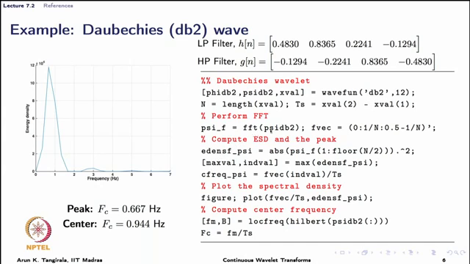The procedure is the same: compute the Fourier transform and locate the peak if you want to compute the peak frequency of the wavelet, or use LOC-FREQ from the time frequency toolbox to compute the center frequency. Again, you have to convert from discrete time frequency to the continuous time one. So, here the center frequency reported for you is 0.944 and the peak frequency is 0.667.